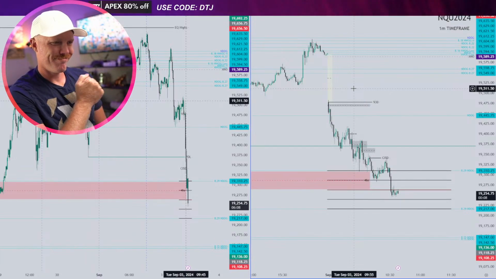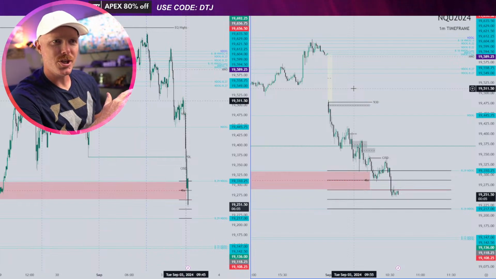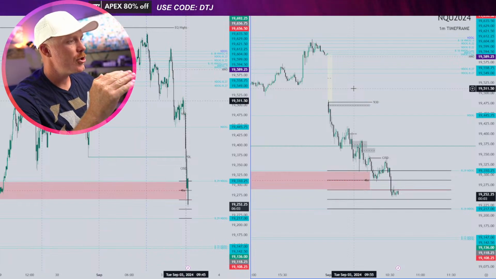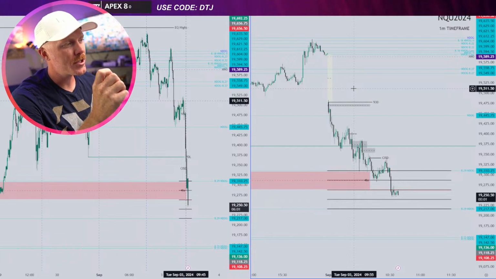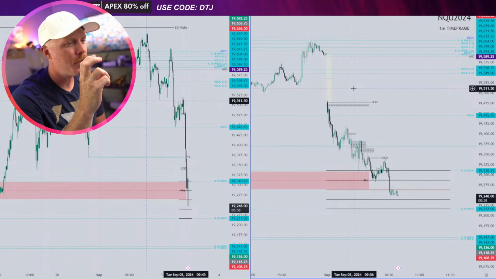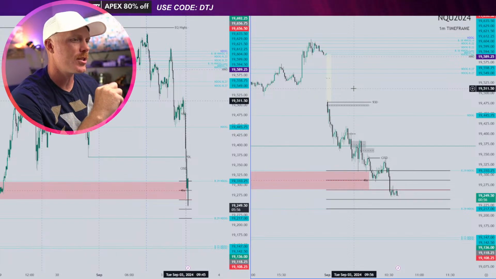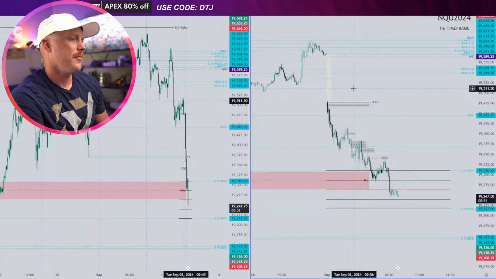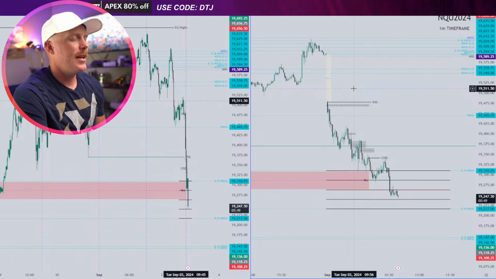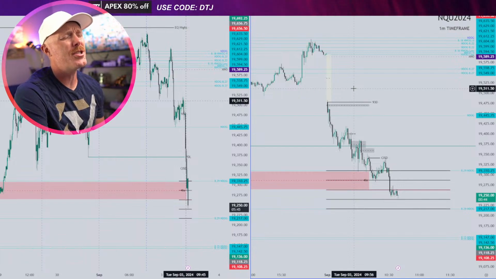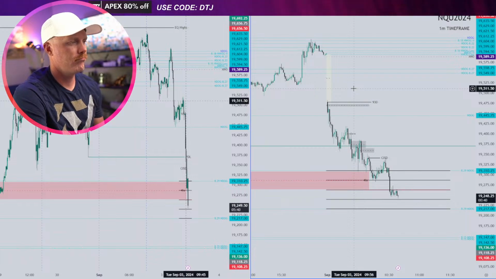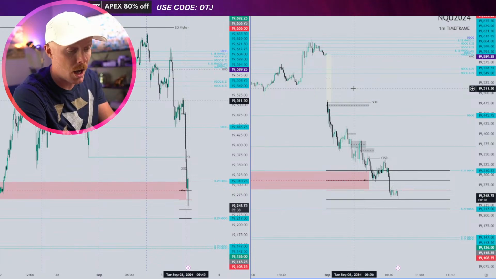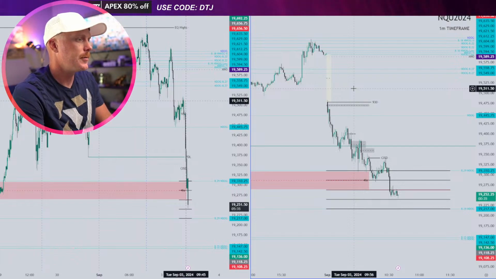To be able to go, man, Tyler, you just waited for this move, and you skipped all of these other fake moves, all of these other temptations of trying to get you to get in the market. That there is a huge sign of growth, and if you can do that, I promise you, you will see success in your trading. And it's just not a one-off or a lucky Lou.